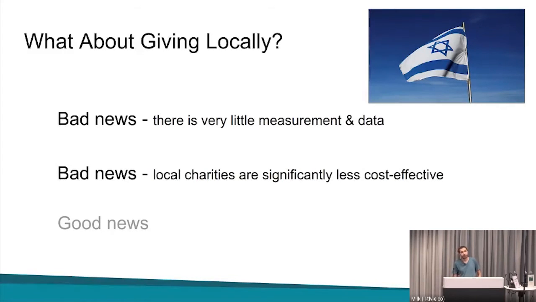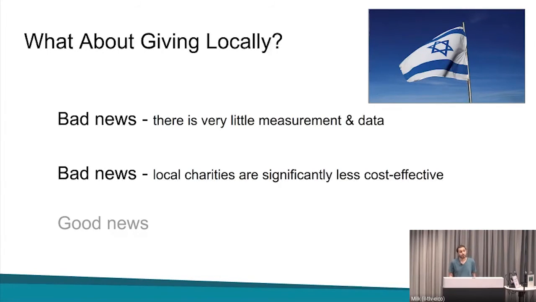Second, from what we do know, local charities in Israel and in the rest of the developed world are vastly less effective than charities in developing countries. Just as a simple example, the charity called Nurse Family Partnerships, one of the most cost-effective NGOs in the developed world, provides information to families with young children on what medical decisions they should make and so on.